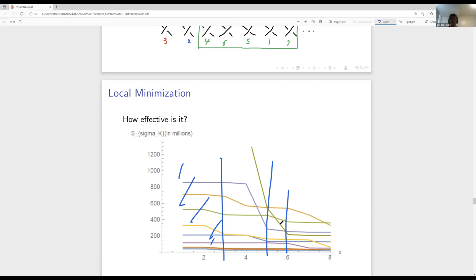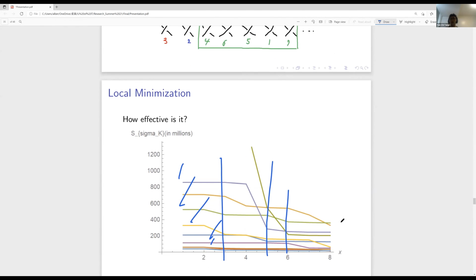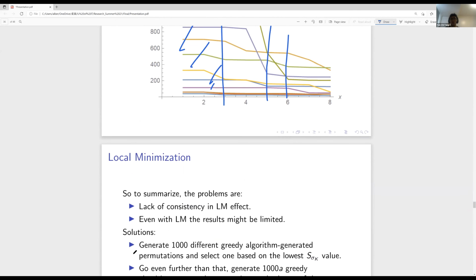For example, in this purple one, the local minimization did reduce the S value by a lot, but this green one, not so much. So one thing that we can do to improve it, and this is one thing that I learned that people do all the time before they actually calculate the knot invariant, is that we'll take 1,000 of those greedy algorithm generated permutations and select the best one and just work with that one.